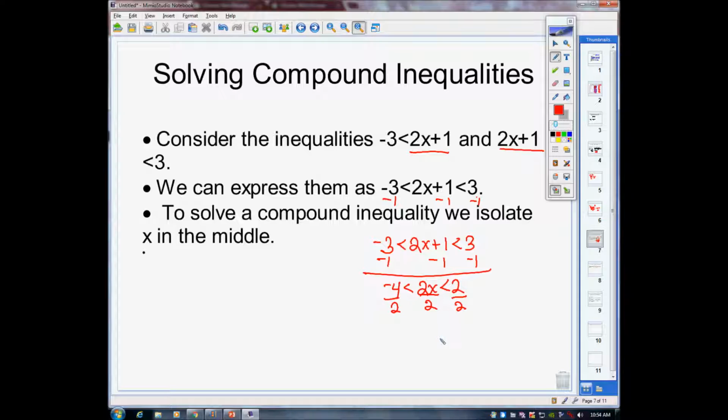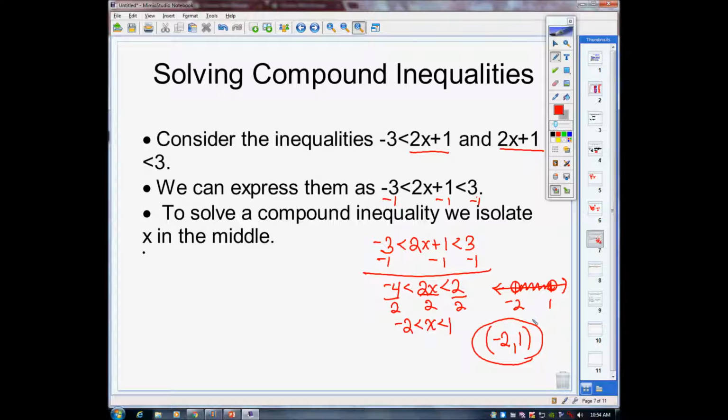After I divide by 2, I get negative 2 is less than x is less than 1. Here's negative 2, here's 1. They're both open circles, and we can shade in between. So in interval notation, negative 2, comma 1 with parentheses around both of them. This is the answer I'm looking for.